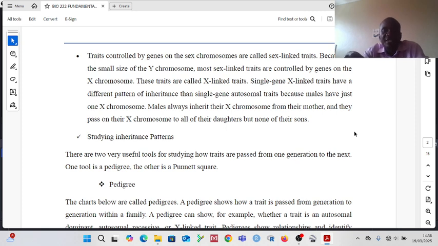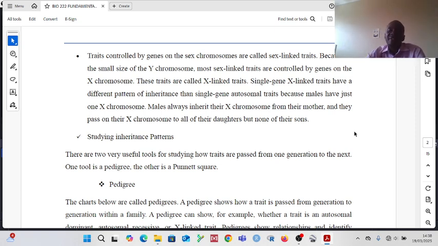So the X chromosome has many genes compared to the Y chromosome. Most of the sex-linked traits will be controlled by the many genes on the X chromosome, and those traits are linked to the X chromosome. So we call them X-linked traits.